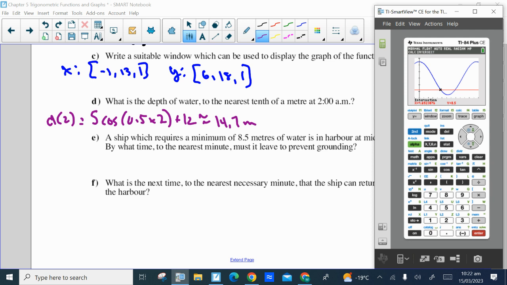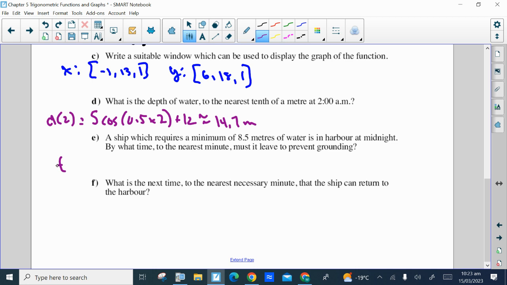And again, you can always make sure by getting out of there and going x enter. It gives you the last value of x that was in your graphing calculator, just in case it's kind of small to see on the bottom of the grid. So now this is the number of hours. The question says by what time to the nearest minute.